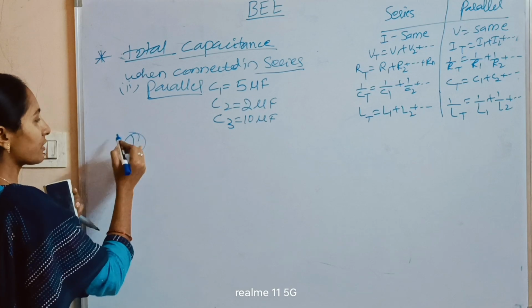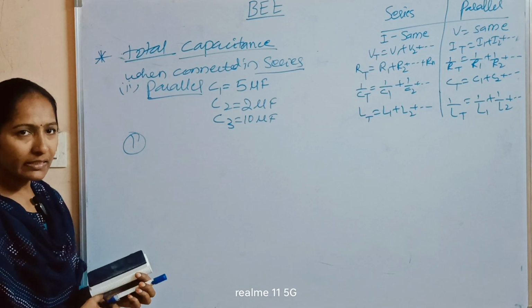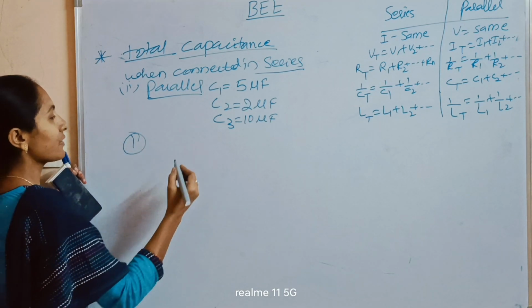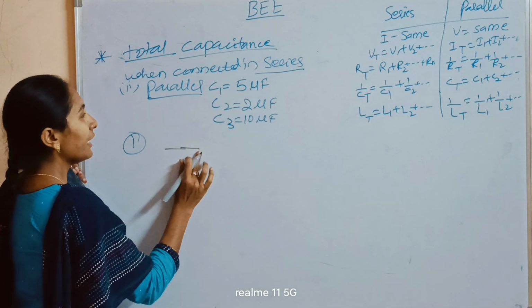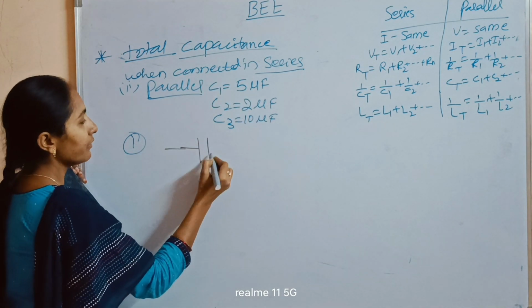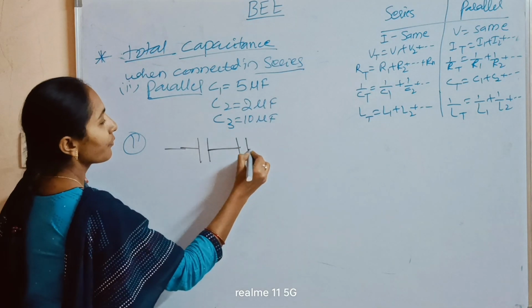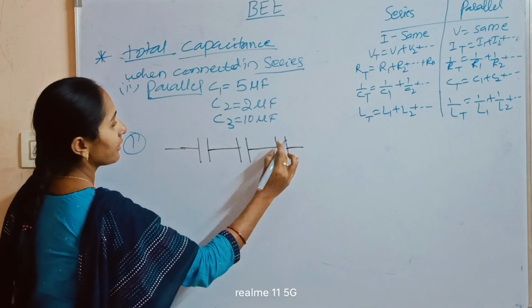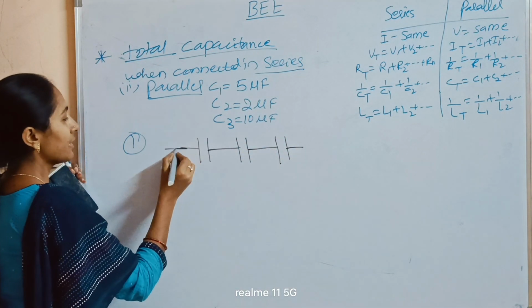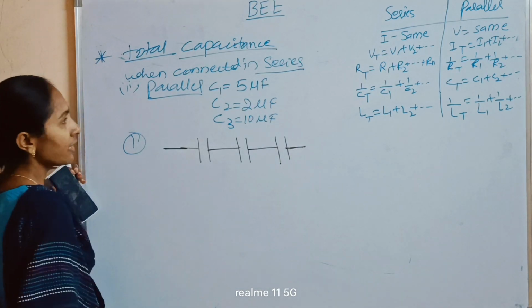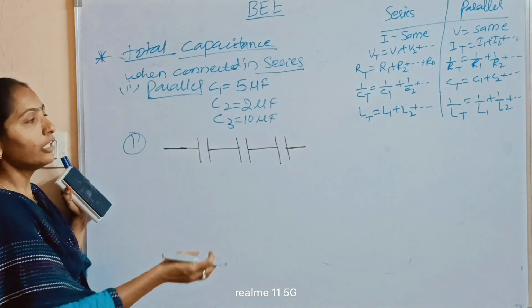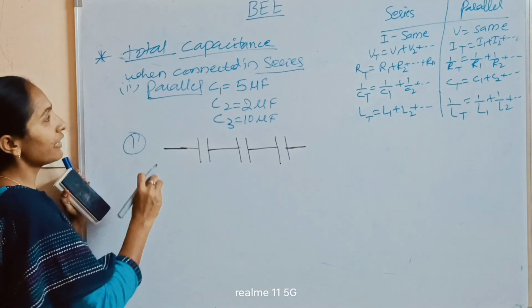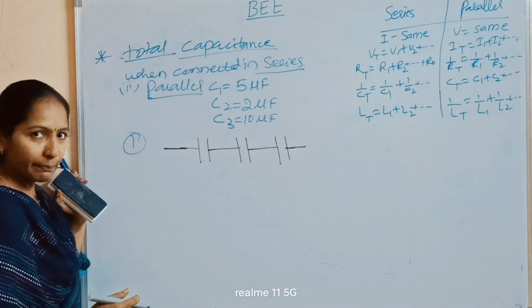First, find the total capacitance when connected in series. So this is a series connection of three capacitors: C1, C2, and the third one is C3. Here they didn't give any supply, just find the total capacitance when connected in series and in parallel.